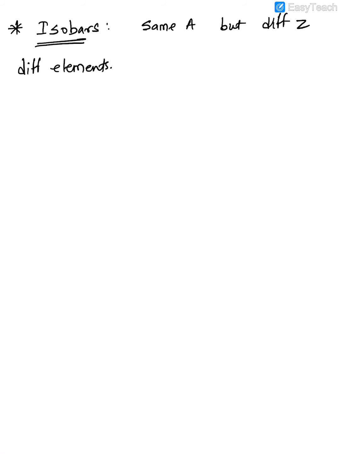An example of this is sodium and magnesium. Sodium is 23, 11. Magnesium is 24, 12. You notice that the atomic number of sodium is 11, whereas the atomic number of magnesium is 12.